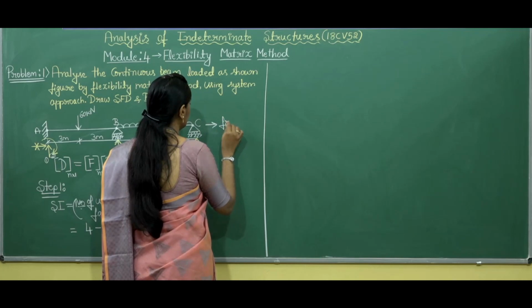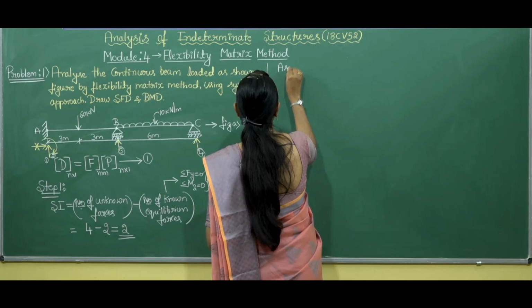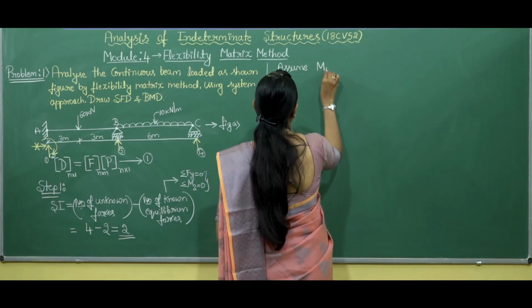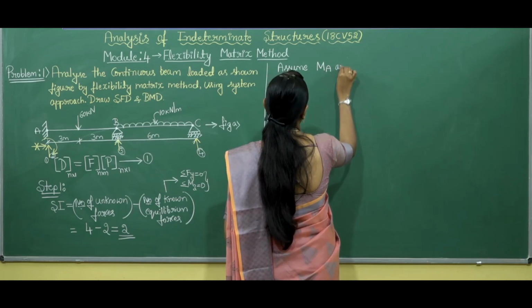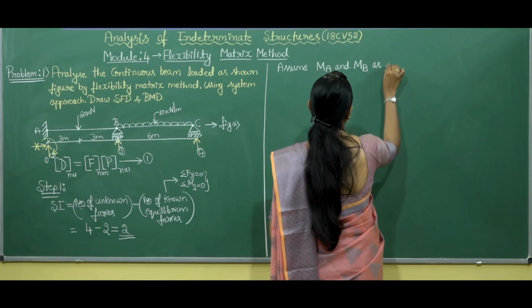Let us call the given beam figure A. Assume MA and MB as redundants.